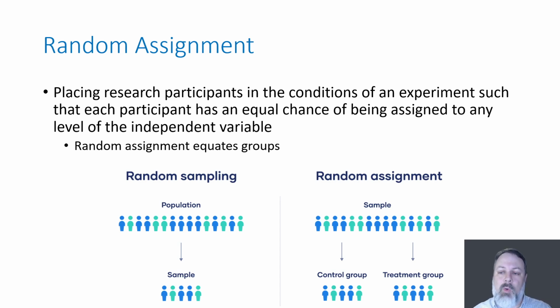You can flip a coin, you can use a computer program to get random numbers. So we use random sampling to select a sample of people from the population. And then we use random assignment to take those people in our sample and randomly assign them to experimental or control groups.